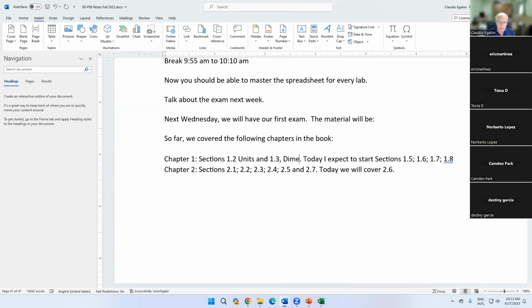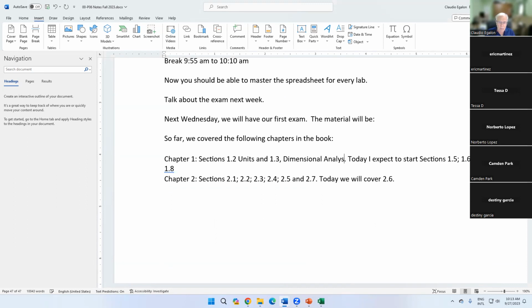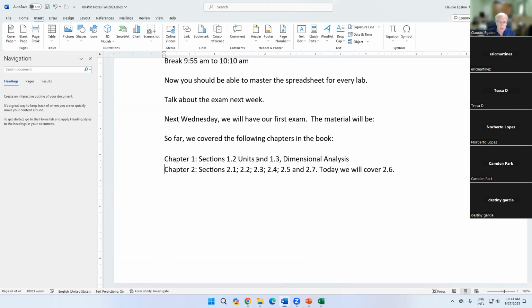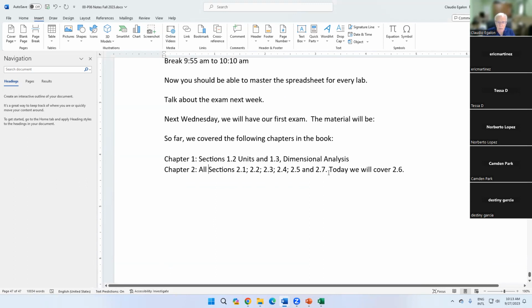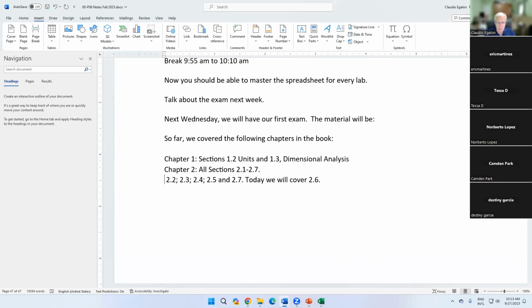Dimensional analysis. And all sections 2.1 through 2.7. We covered 2.6 last time, and lab 1.